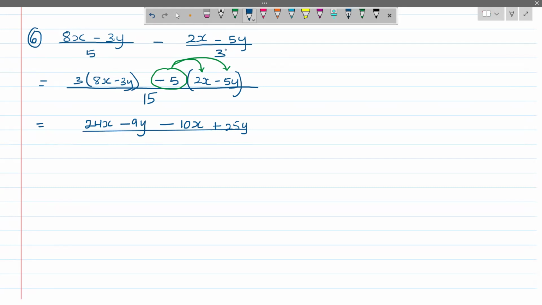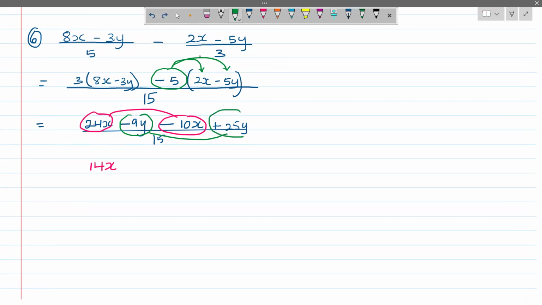We're not going to stop there because now we have these two terms here. Notice that I'm circling the minus sign with this 10 because it is for that 10. We could work that out, right? We're going to get 24 minus 10 is going to give us 14x because the 24 is bigger. And then we could do negative 9y and positive 25y.